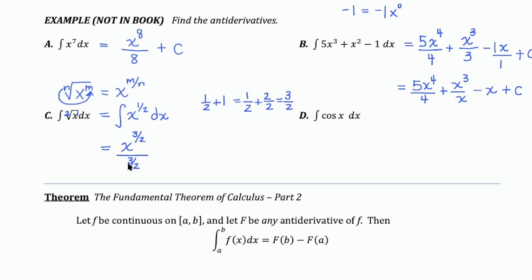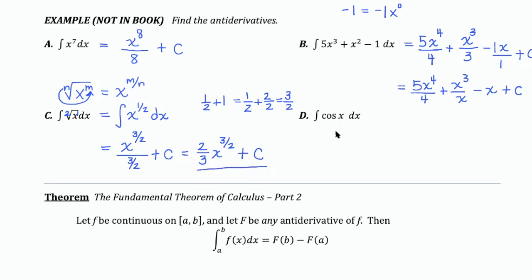But that's kind of a complex fraction. That's a fraction within a fraction, so we don't typically leave it that way. Instead, dividing by a fraction is the same as multiplying by its reciprocal. So in other words, you make the reciprocal of what you're dividing by, put it next to your variable, and of course, always the plus C. So these are two equivalent forms. This second one is what's preferred.